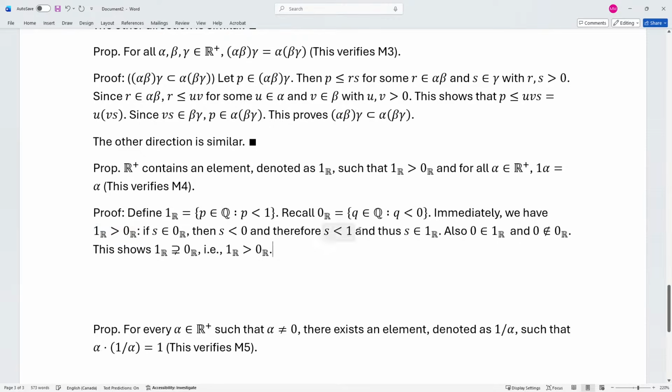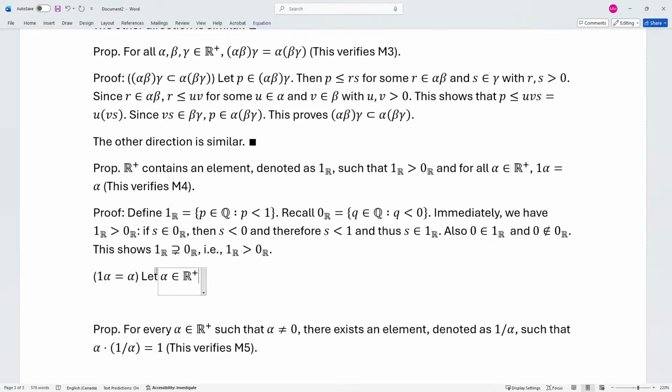That's proved. And now we need to check the identity, 1 times alpha is equal to alpha. How do we do that? We start by letting alpha be in R plus, arbitrary.